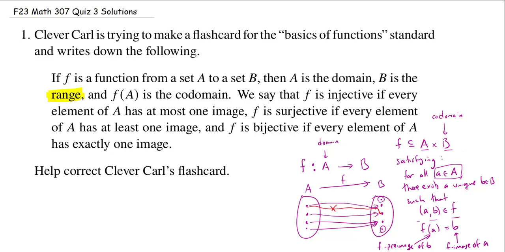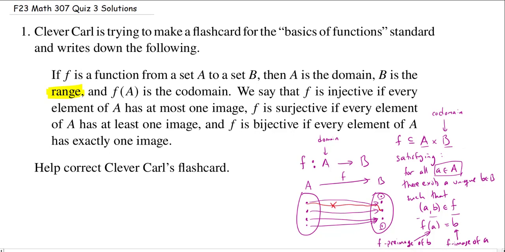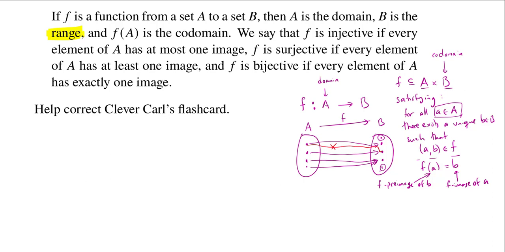But some elements do. And those elements that do have a preimage, those are what we call the range. So the range is the elements of B that have an f-preimage, or equivalently, are an f-image.